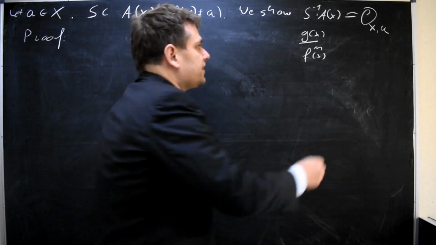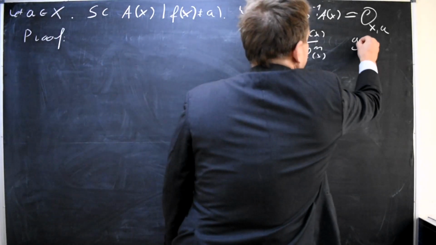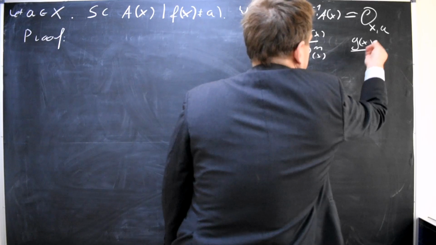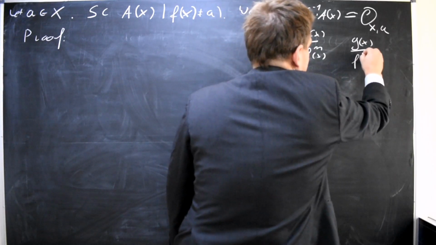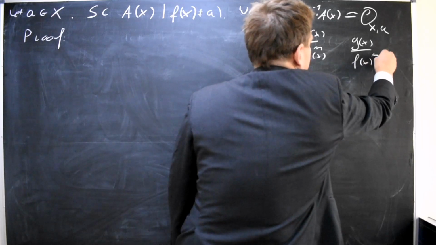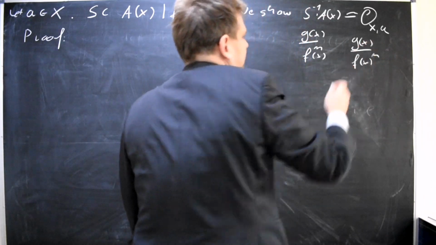So every regular function on a neighborhood of A has this form, where also f doesn't vanish.